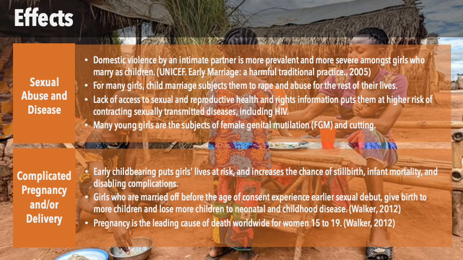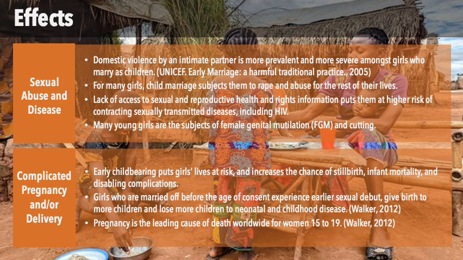And then, of course, once able to bear children, there is the possibility of complicated pregnancy and or deliveries. Early childbearing puts girls' lives at risk and increases the chance of stillbirth, infant mortality, and disabling complications. Because these girls' bodies aren't necessarily ready to bear children.